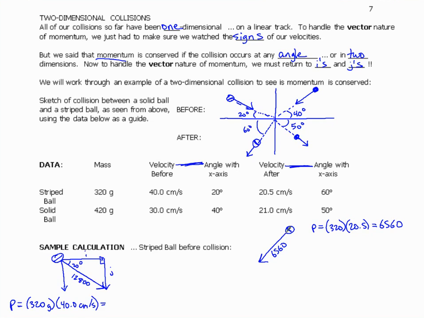So we need to know horizontal component, vertical component. So I equals, let's put in the angle here, I equals 6,560 times the cosine of 60.